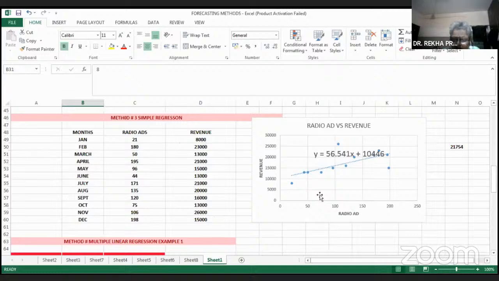You'll get this equation by inserting a trendline on the scatter diagram. Because you can make many graphs, you can make any graph, but here it is a relationship between x and y, and in that only it will also give you the linear equation, which is a cumbersome thing, which I had said: you have to add up all the x's, all the y's, then x times y, then x square, then you have to solve that.